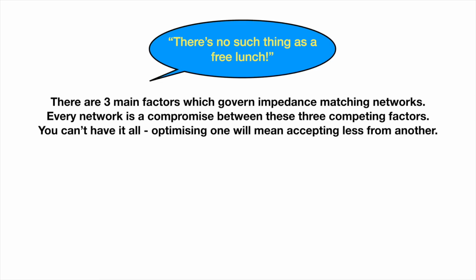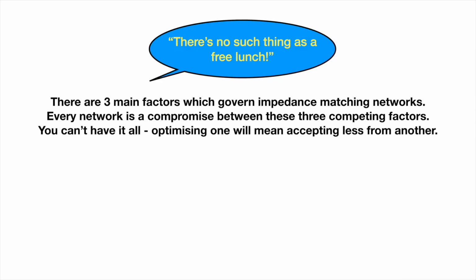But there are three main factors, I think, which govern the way that our matching networks will operate. And the truth is, every network is a compromise between these three competing factors. Each of them wants to be the most important thing, but they can't all be, right? And you can't have it all, I'm afraid, because you will find that optimizing one is fine, but will mean you have to accept less performance from another.